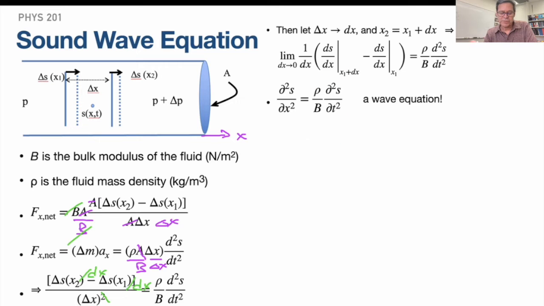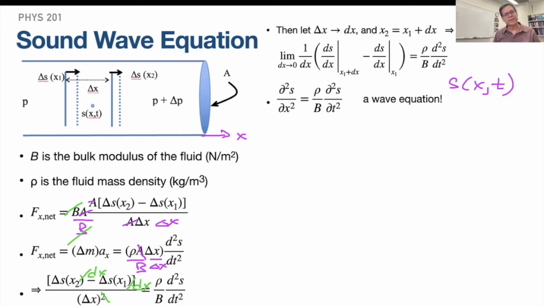Now notice I've gone to the curly derivative sign. That's because these are partial derivatives. S is a function of both space and time, so the left side is a derivative with respect to x only, holding time constant. The right is a derivative with respect to time only, holding x constant. And then I had this ratio of coefficients, rho over b.